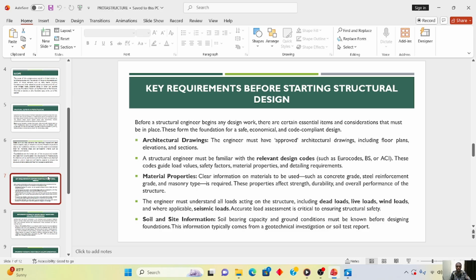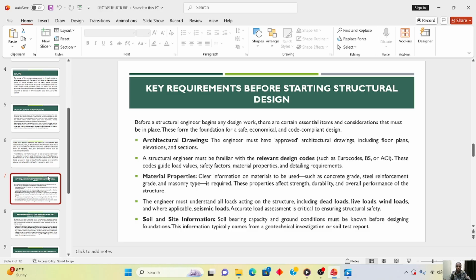These form the foundation for a safe, economical, and code-compliant design. So it is important that some very key considerations are put into place before your design can start. Now, let's talk about our architectural drawings.